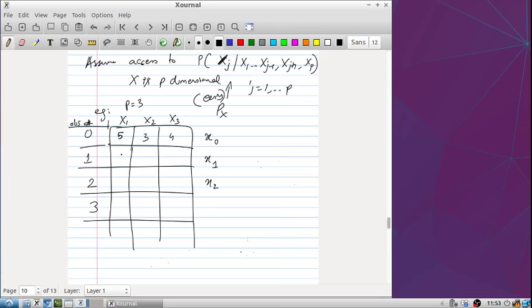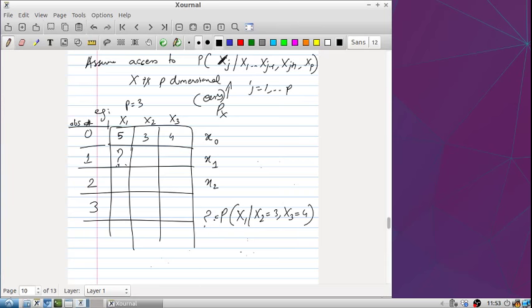To fill this question mark here, I'm going to draw a sample from x1 given x2 is equal to 3 and x3 is equal to 4. These were the previous samples, x2 and x3, 3 and 4. I'll get some number here. This is the question mark.